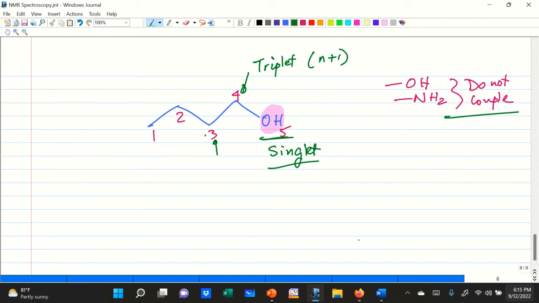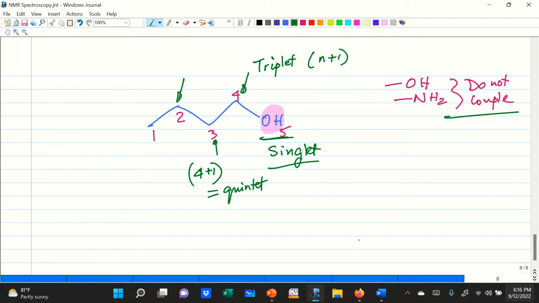How about this one? What about 3? What is going to be its multiplicity? Well, now you have two types of neighbor. On the left side, you have two hydrogens, right side also has two. So your neighbors total 4. Therefore, your multiplicity is going to be 4 plus 1. That is a quintet.